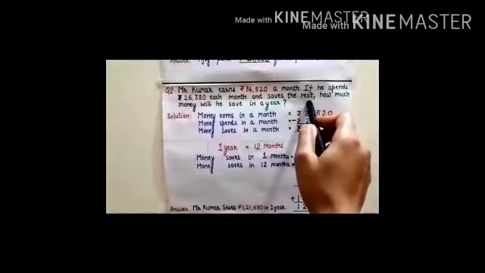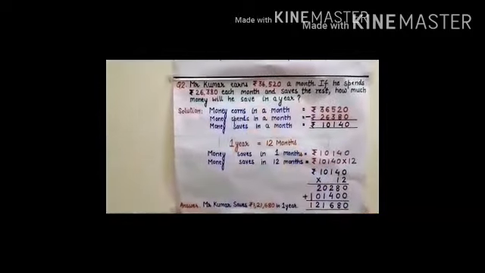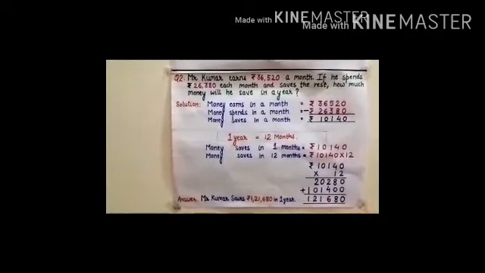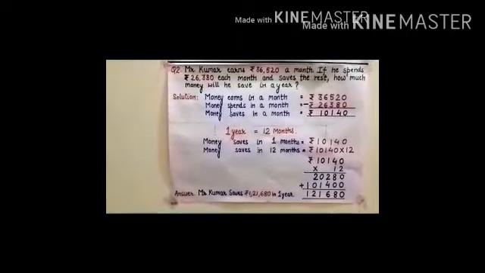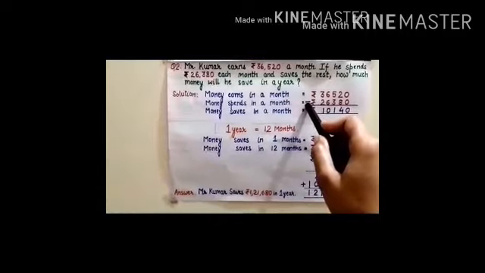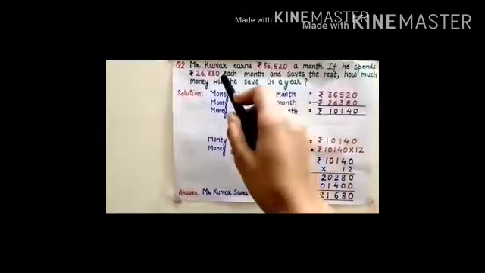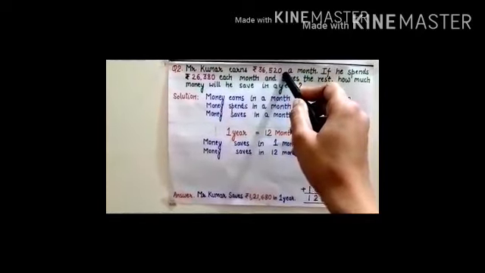So that leftover money is the saving for Mr. Kumar. So children, you all know how we find the leftover money, because in the previous chapter you learned that we use subtraction for finding the leftover money. So we are doing subtraction, smaller value from the greater value.